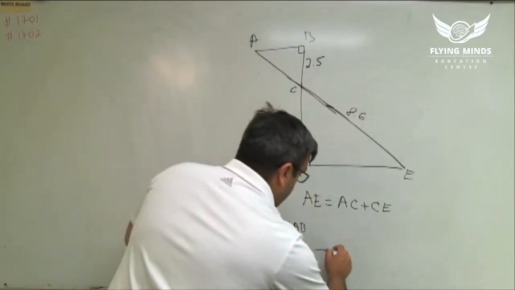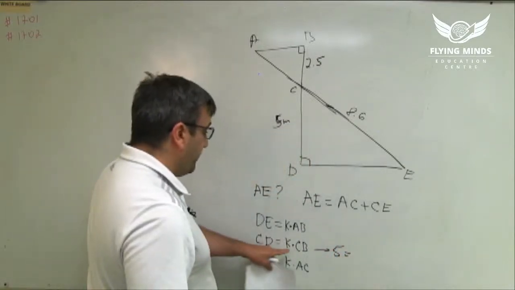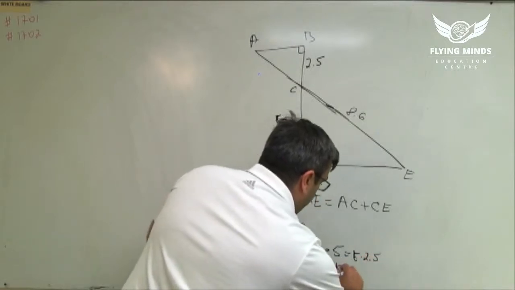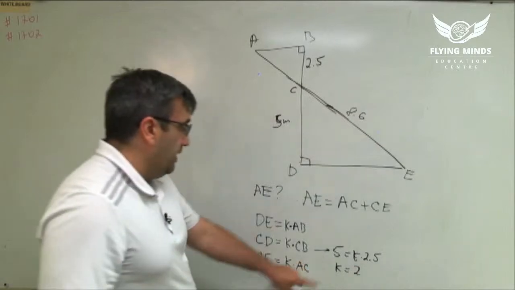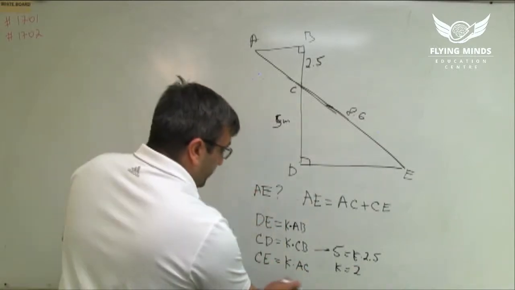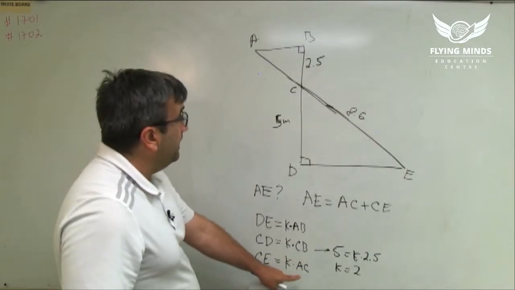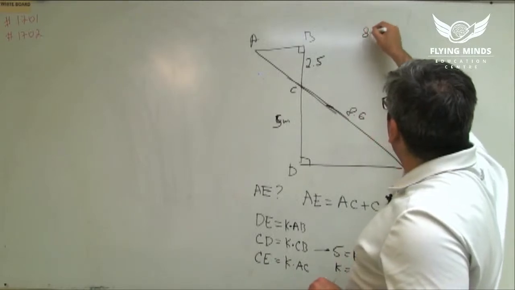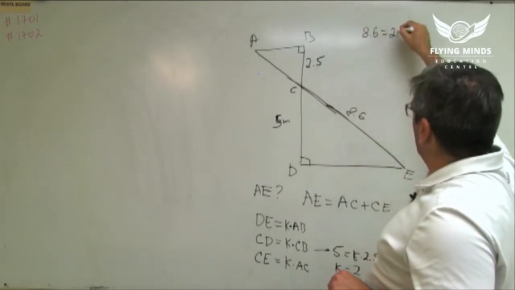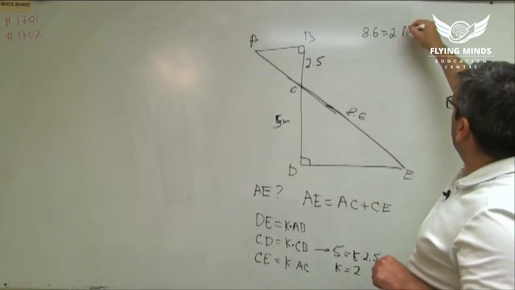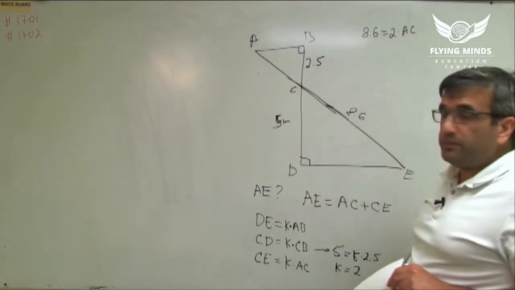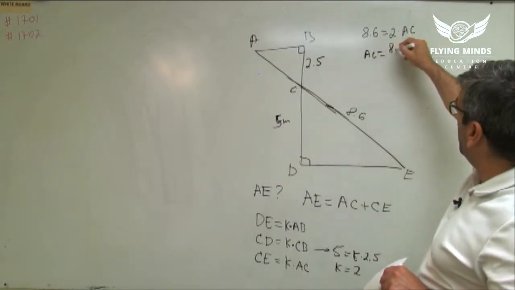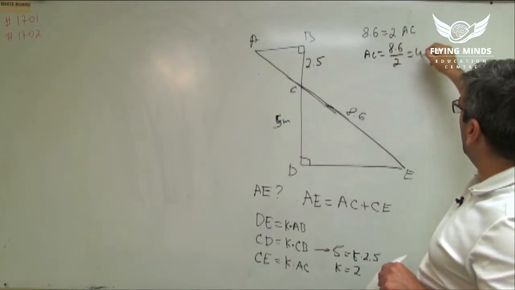So CD is 5, then K times 2.5, and from here we can find K equals 2. K equals 2, and from here we can calculate AC, right? So if CE, 8.6, equals 2 times AC, then AC equals 8.6 divided by 2 equals 4.3.